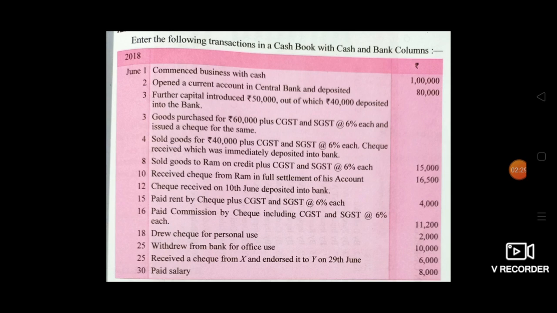And last entry on 30th June, paid salary rupees 8,000.